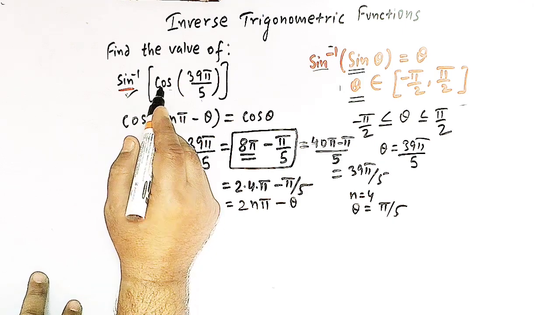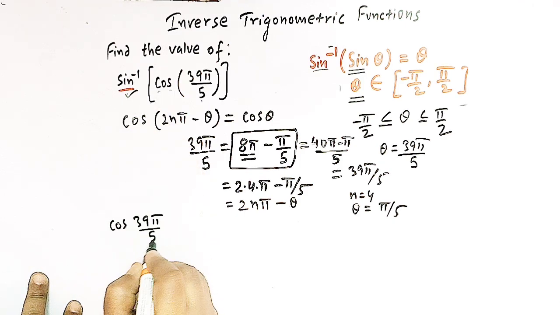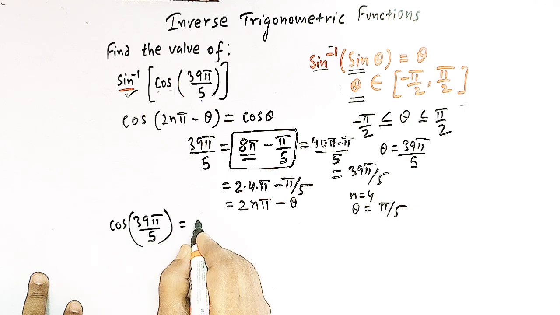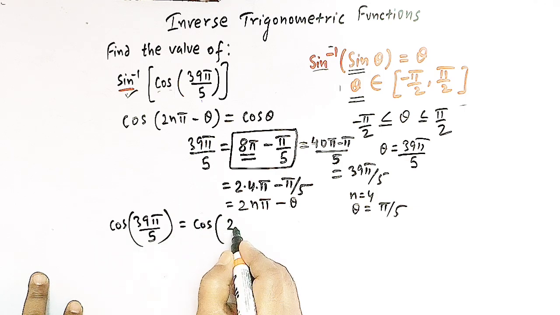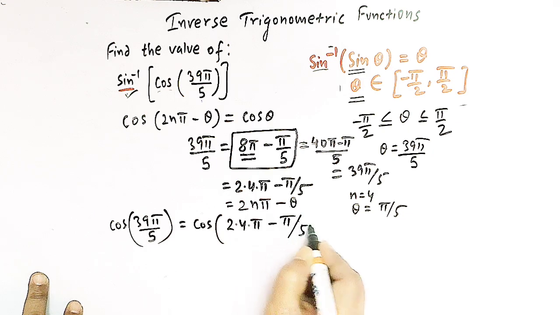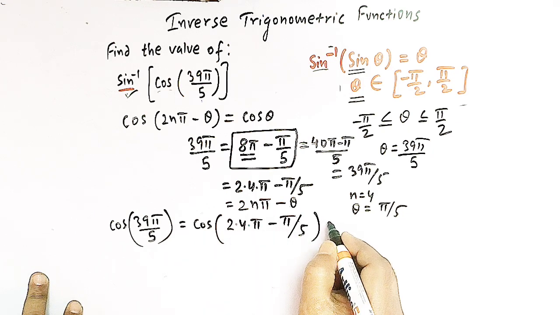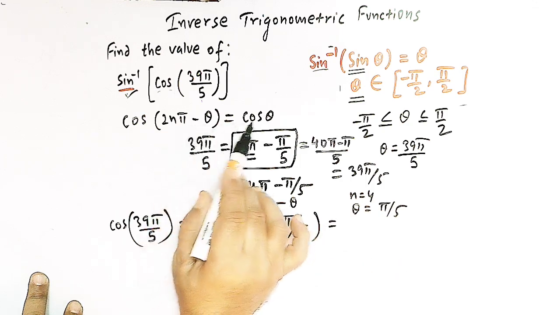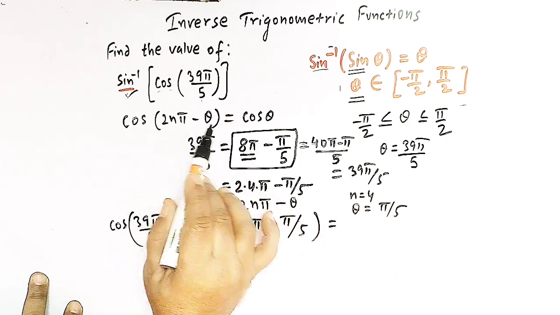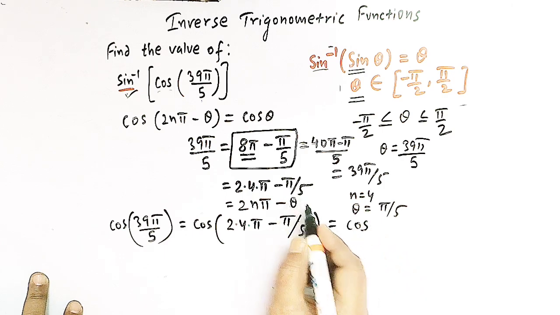So now cos 39 pi over 5 can be written as cos 2 times 4 times pi minus pi over 5, that is 8 pi minus pi over 5. And using this identity, cos 2n pi minus theta is cos theta. So here theta is pi over 5.